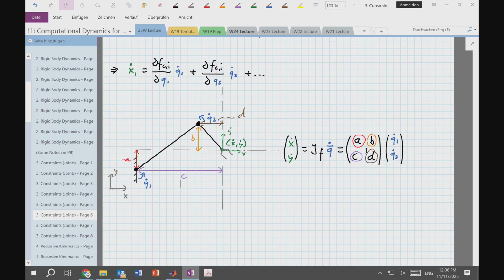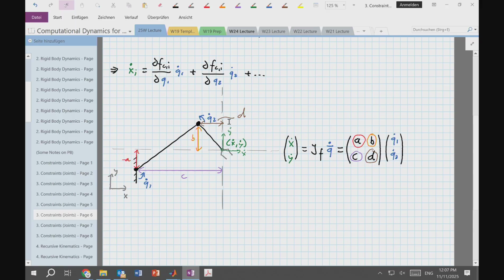Can you emphasize why it is negative? If I have a positive q1, this point will actually move to the left. Yeah, and that's why I get a negative value here. So if I think about this as a positive distance, I need a minus sign. Isn't it the same with b?